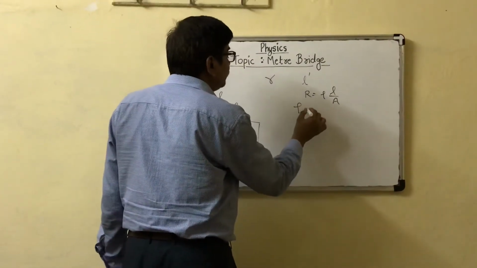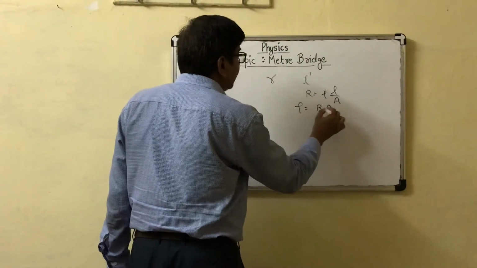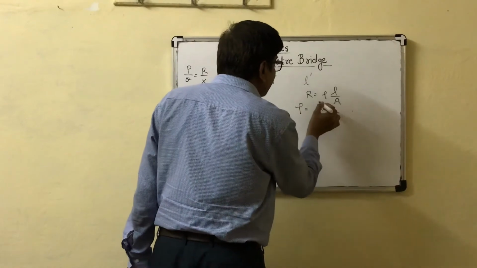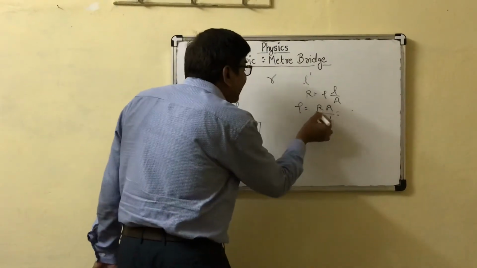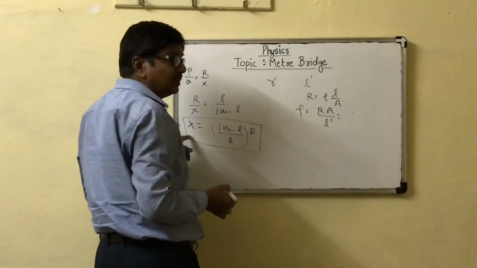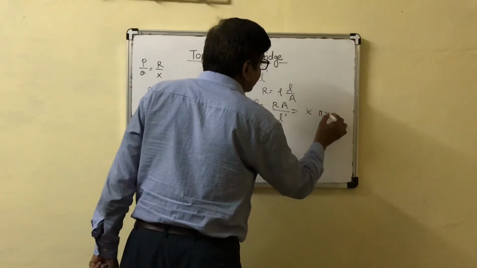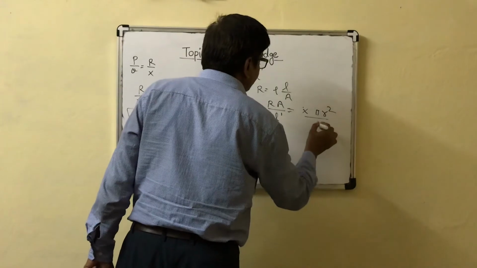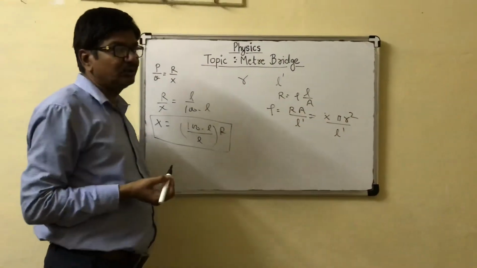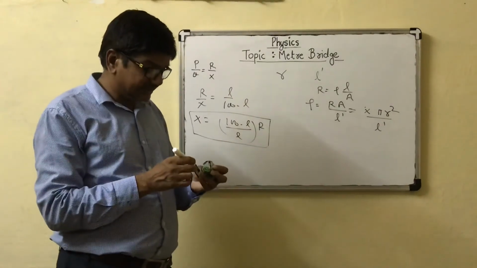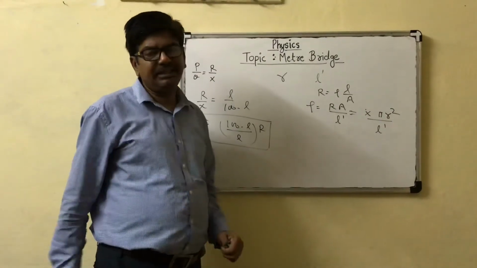So rho equal to R A upon L dash. What is R? R means unknown resistance. This is X because this is the unknown resistance. So equal to X. A means pi r square upon L dash. We have easily calculated unknown resistivity or unknown resistance with the help of meter bridge.